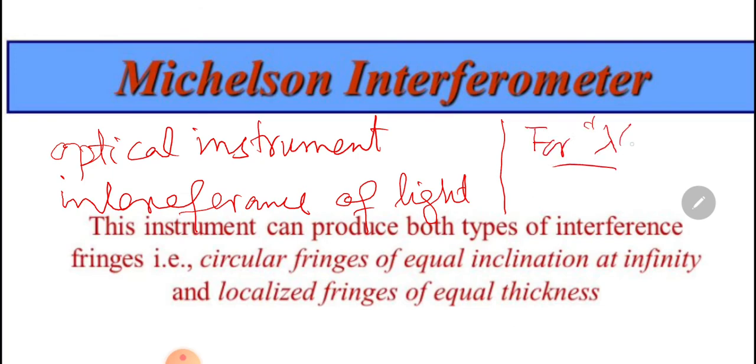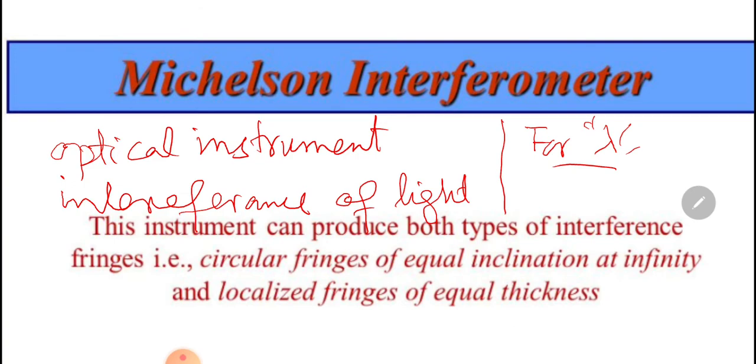For lambda, we use this equation of the Michelson interferometer. The principle of the Michelson interferometer is based on the division of amplitude, usually by partial reflection and transmission of light at the boundaries of the two media.